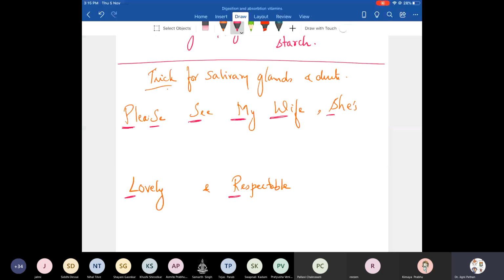Done? Okay. Deepika, listen. P for parotid, S for Stensen's duct. Parotid, yes, Stensen's duct. C my is submandibular. W wife is for Wharton's duct. CL is sublingual.